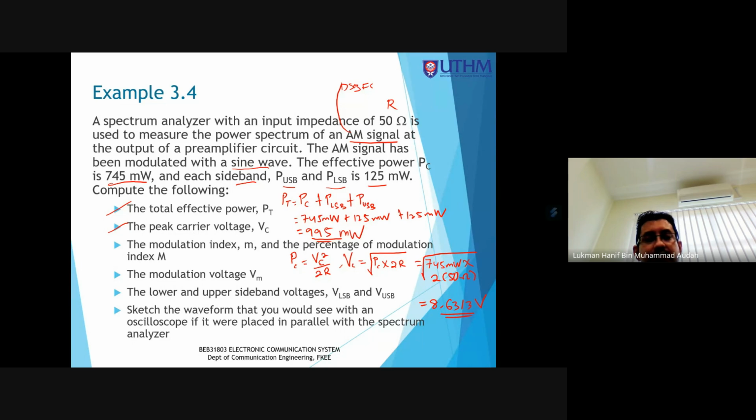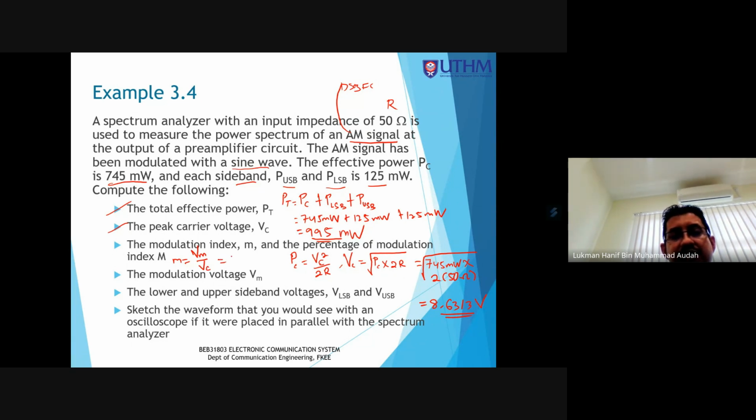And then the question asks you to find the modulation index, M, and the percentage modulation. So M is equal to VM over VC, right?